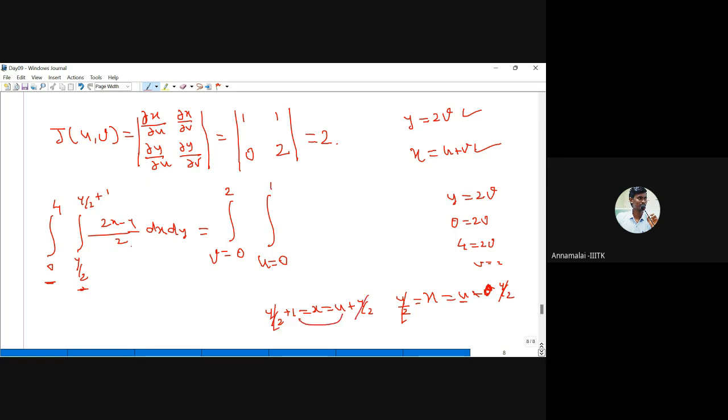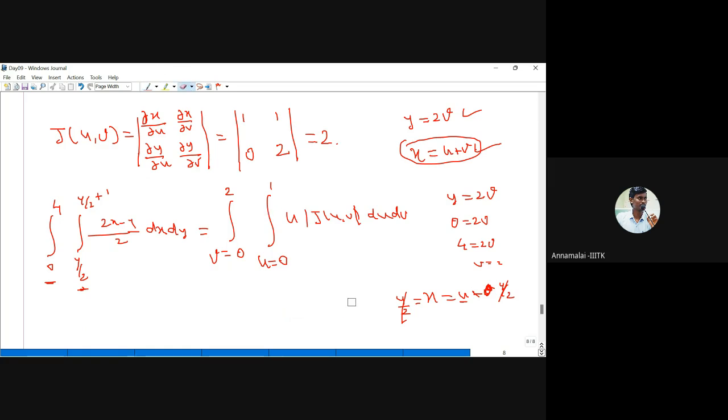And what is the function inside? It is just u. And what is dx? Differentiating with respect to x, you just get du. So by definition, this is multiplied by the Jacobian, into du dv. The Jacobian value is 2.